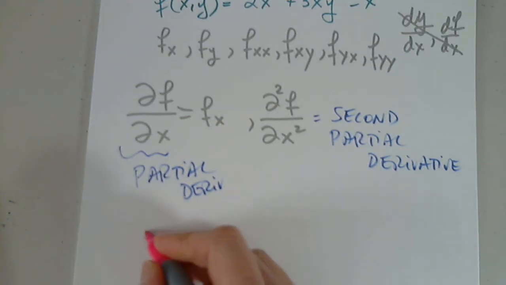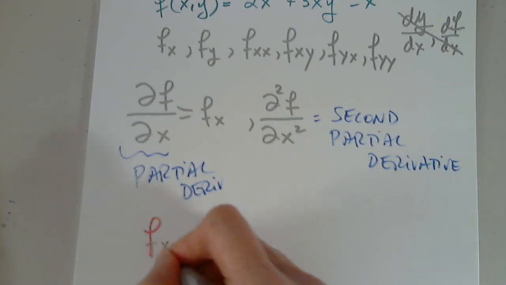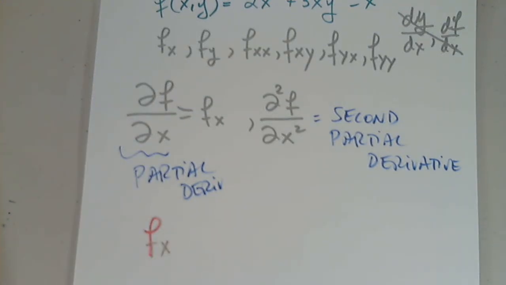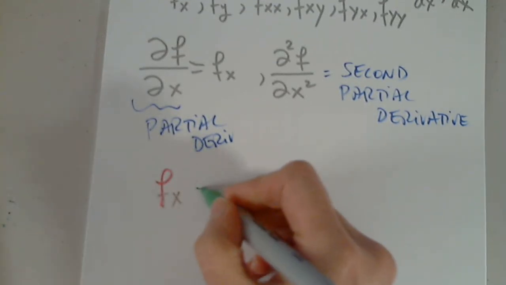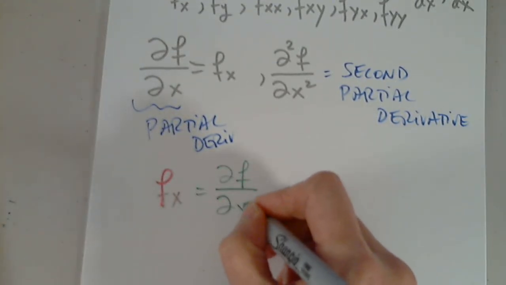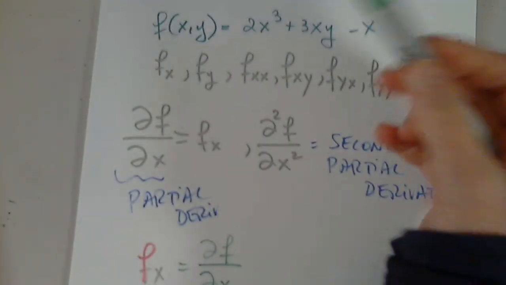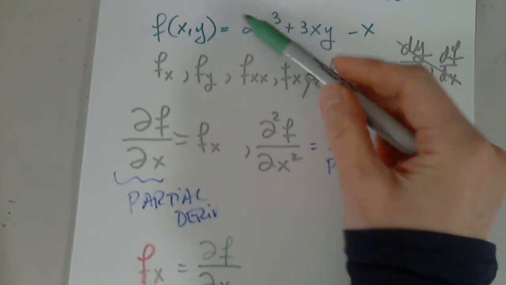So let's say we want to determine fx. That means I differentiate function f with respect to x. Automatically, I will keep y fixed. So the first piece is clear.